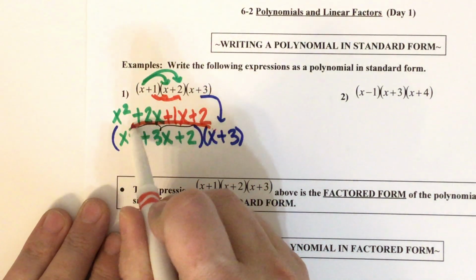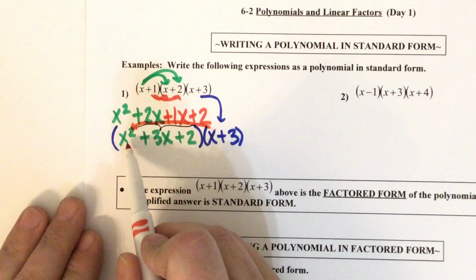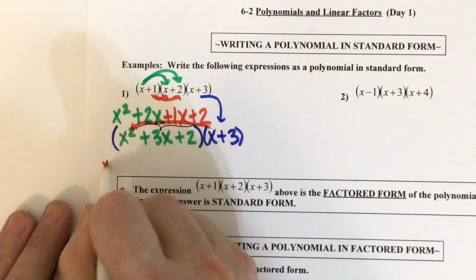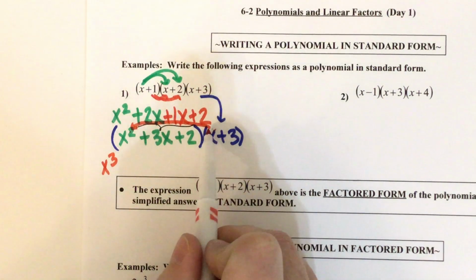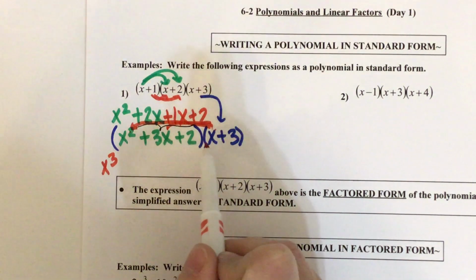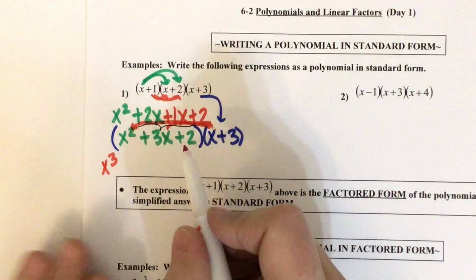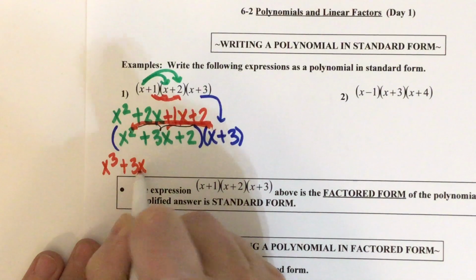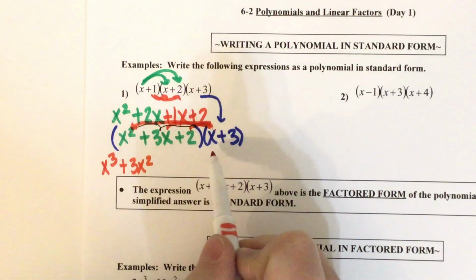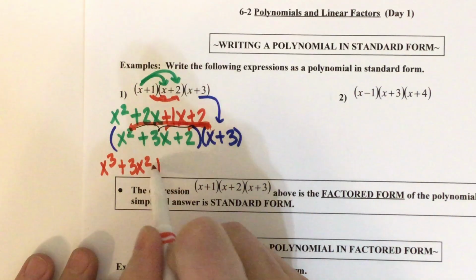So x times x squared makes x cubed. X times 3x makes 3x squared. X times 2 makes 2x.